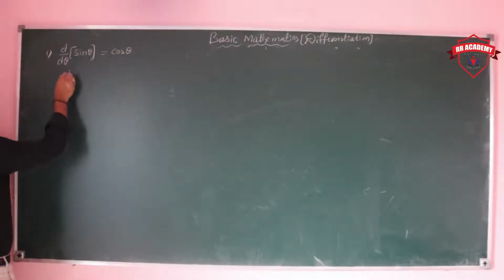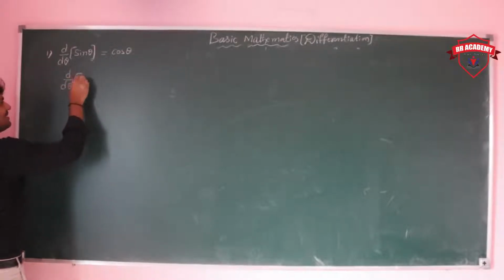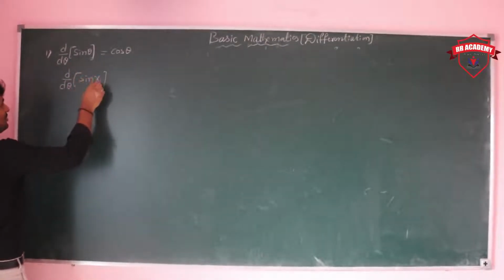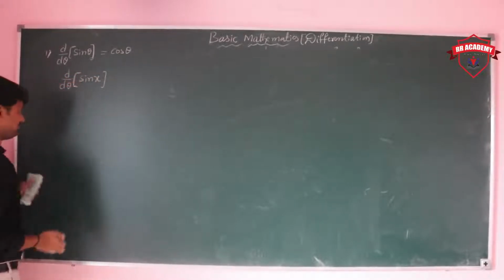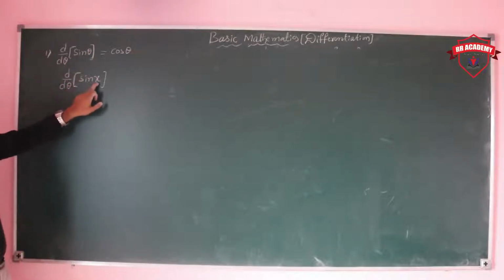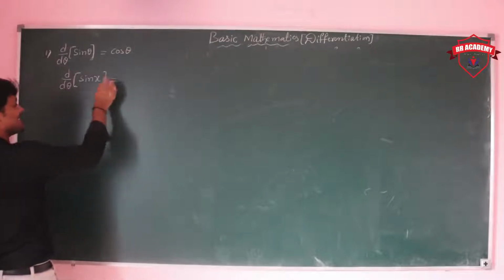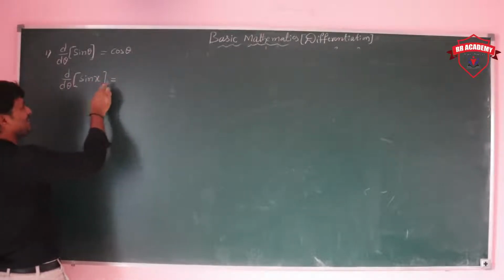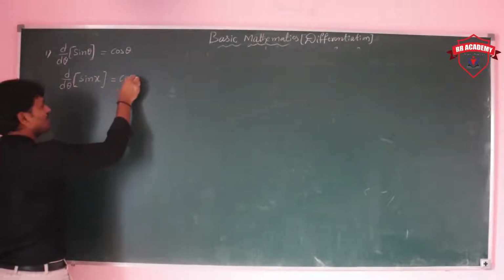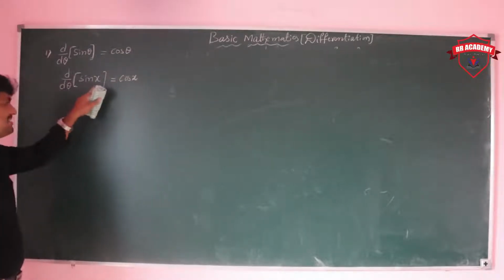In case I am taking d by d theta of sine x, please observe the difference. Differentiable function, differentiating function are not the same. Differentiable function is x, differentiating function is theta. So first you write sine's differentiation, which is cos x.